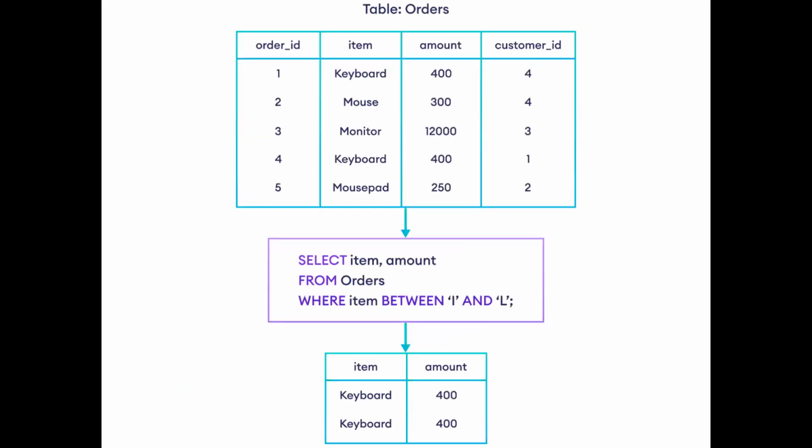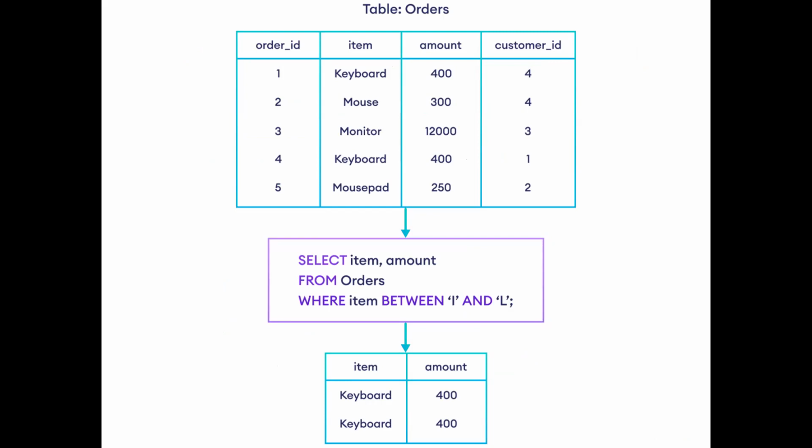For us, for example, when you look at this, which items have I and L? Where item BETWEEN I. We have I somewhere here. I don't see I on the monitor. What about L?